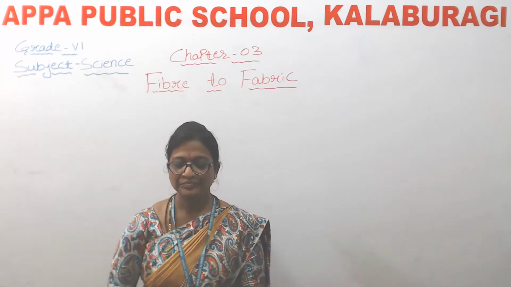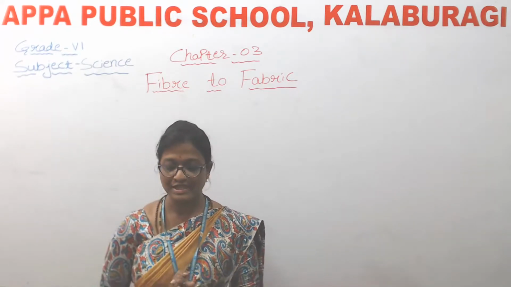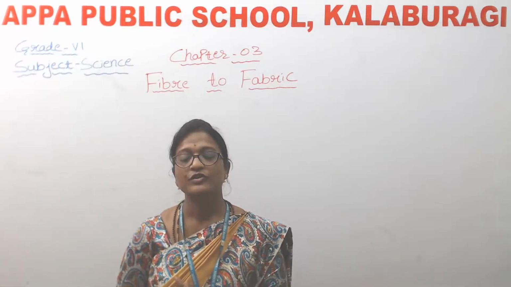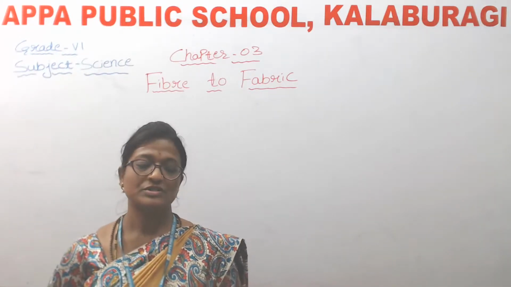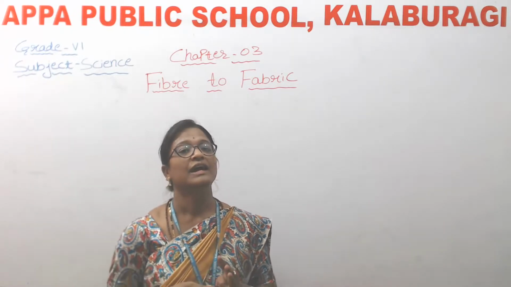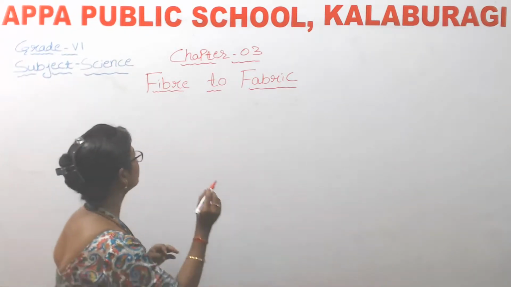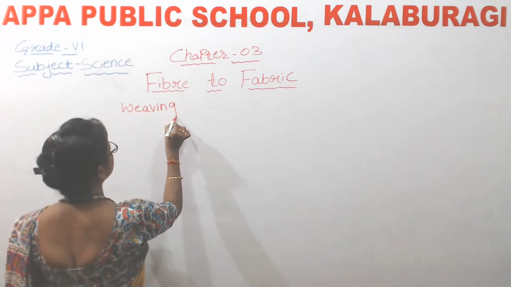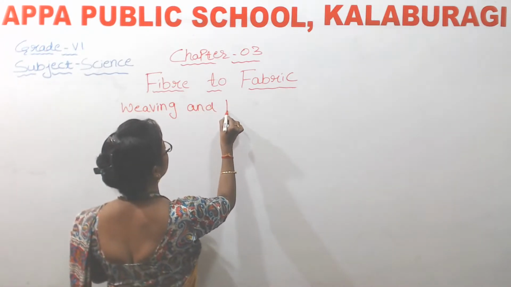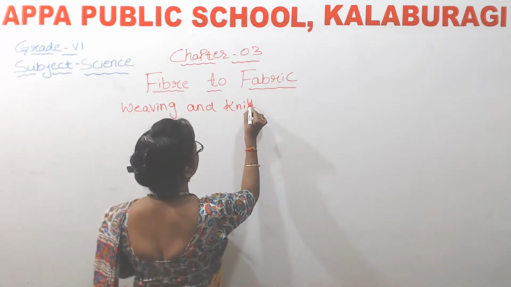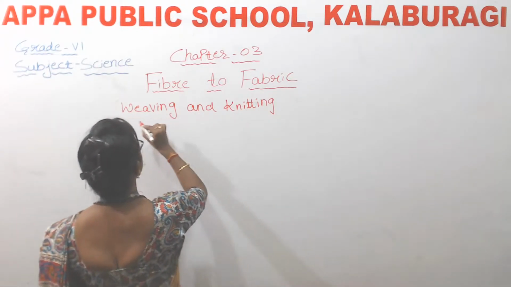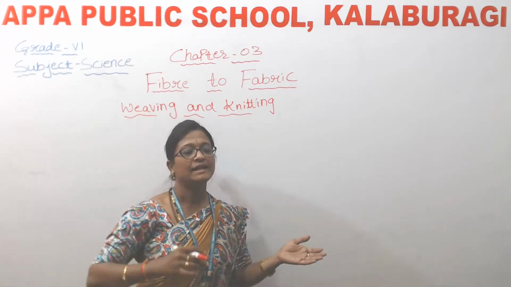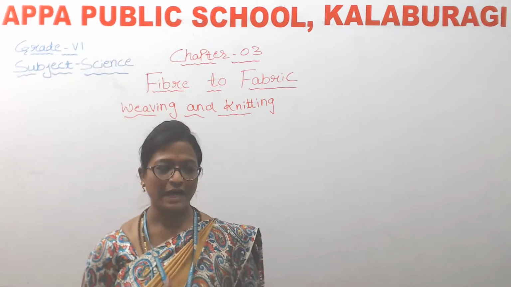So children, there are two processes, as I said, by which yarns are converted into fabrics: weaving and knitting. These are the two processes where the yarns are converted into fabrics.